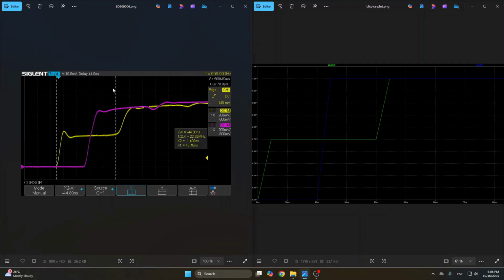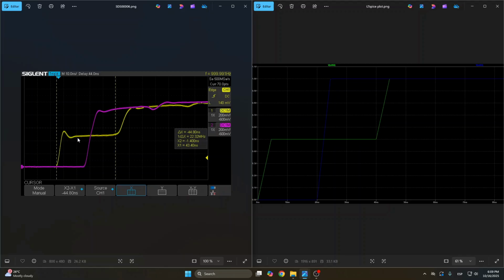So here I have added cursors on the oscilloscope on the horizontal axis, so we can see approximately how much delay there is. As you can see, the delay between the first rise of the yellow signal, which is the output 1 or channel 1 of the oscilloscope, which, remember, output 1 is the test point that is connected at the beginning of the trace, and the second rise of the signal is approximately 44.8, or almost 45 nanoseconds.